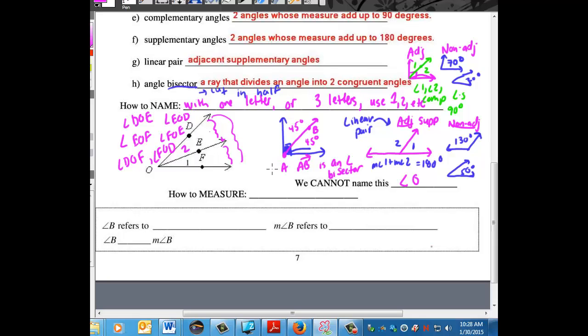And how to measure: we always measure an angle in degrees. So angle B refers to an angle, and measure of angle B refers to its measure.